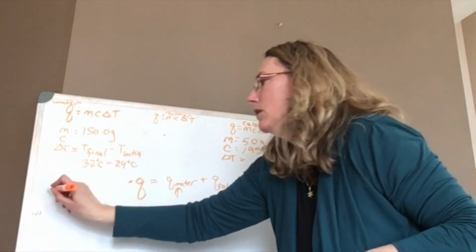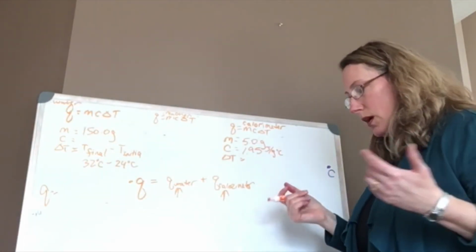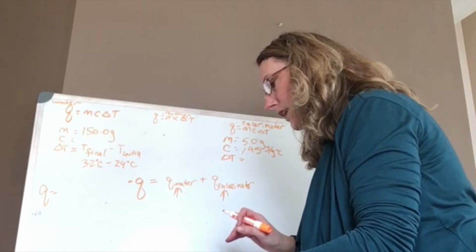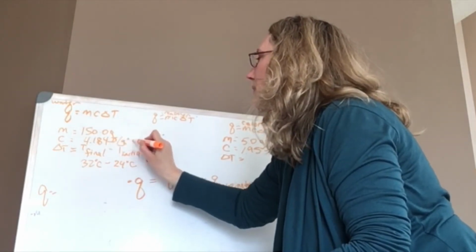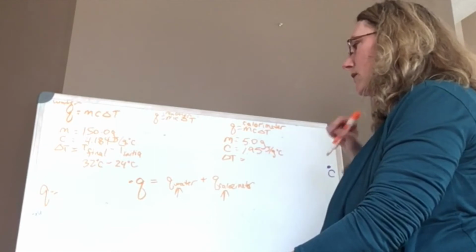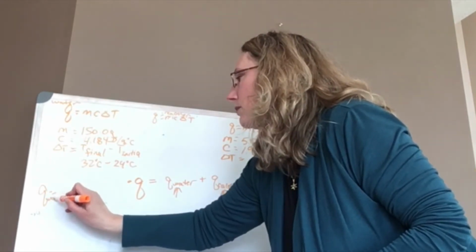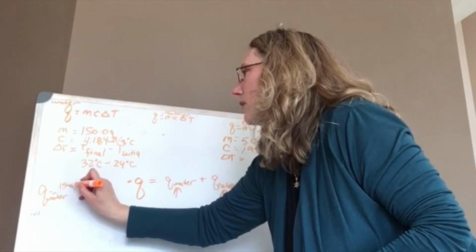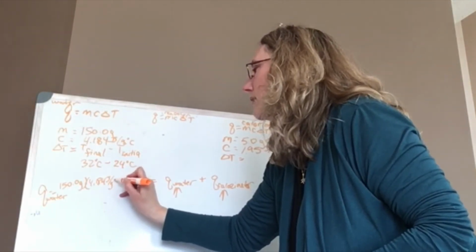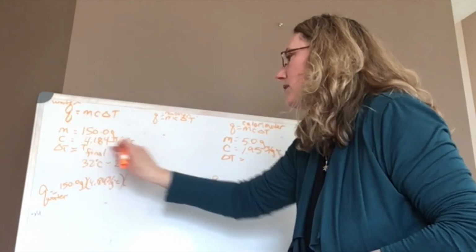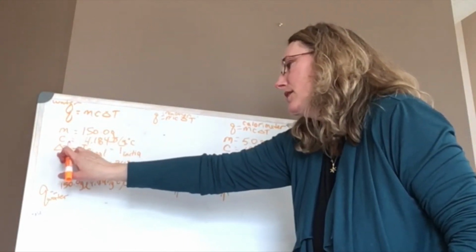Do we have everything? Q equals MC delta T. Well, I don't have the C in the question, but they told me before that the specific heat of water is 4.184 joules per gram degree C. Okay, so if I set that up, I have the Q of the water to be M, 150.0 grams, times C, 4.184 joules per gram degree C, times delta T, which it started at 24 and it ended at 32, so my change in temperature is going to be the difference between those.